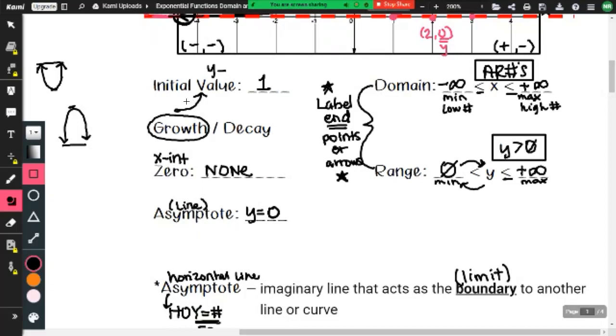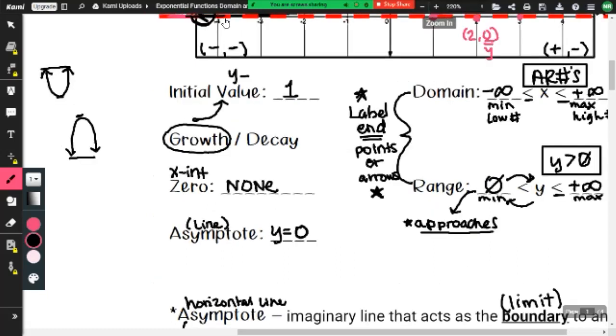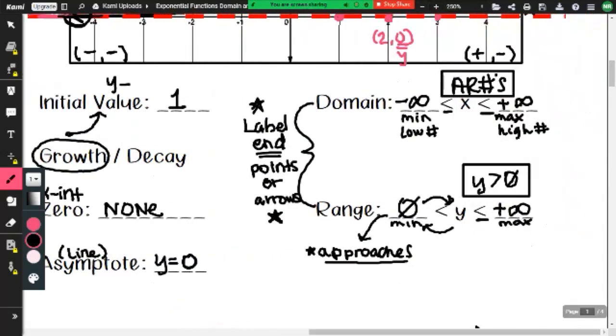We're going to write in why you do not underline. So draw yourself a little arrow coming off of that 0. The reason we don't underline this is because it approaches, I'm going to draw a little star, approaches. What does approach mean?